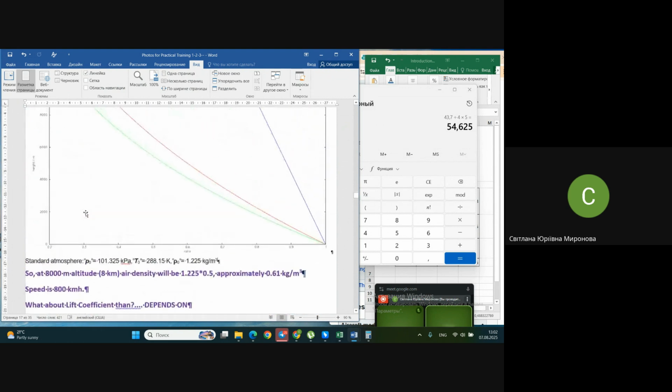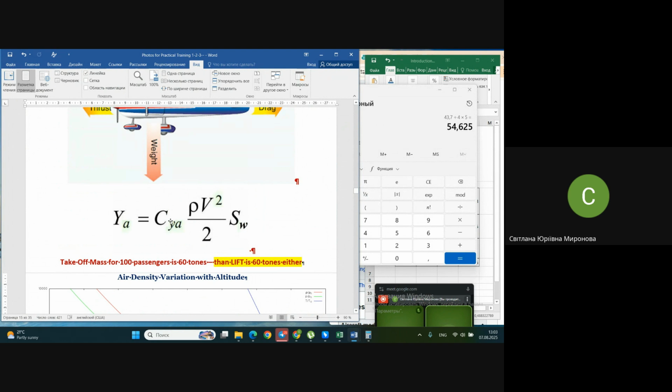And once again, come back to the formula. So we already know everything. Look, lift should be 60 tons, but we have agreed that we take at least 20% more because we are talking about takeoff. Next, CY, no, let it be 1. No, at takeoff and landing, it will be even more.